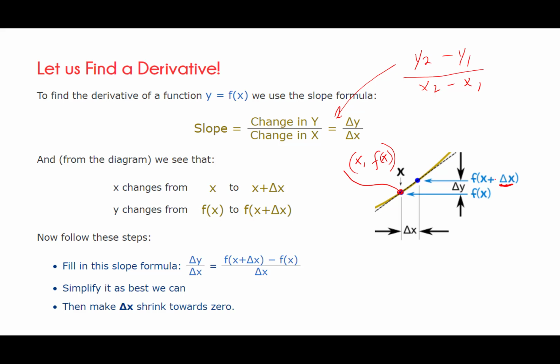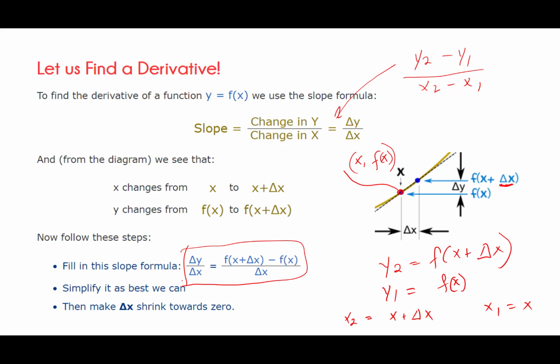So looking at the slope, if I consider f of x plus delta x to be y2, so consider y2 to be equal to f of x plus delta x, and consider my y1 to be equal to f of x, and also I have x right there, and I'm going to have my x2 be equal to x plus delta x, and obviously my x1 is simply equal to x. Putting these things into the formula y2 minus y1 over x2 minus x1 is going to yield this formula right here. Can we see that?